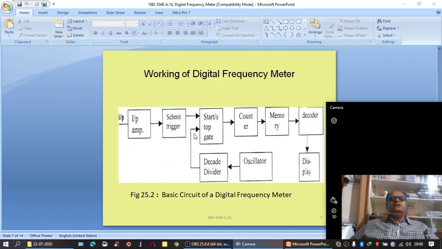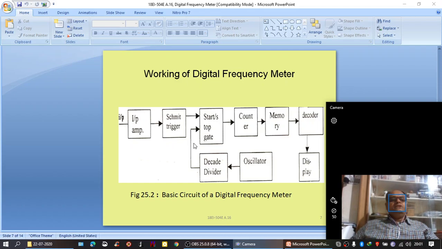Then for 1 second duration, the output of the Schmitt trigger reaches the counter, and the counter starts counting the number of pulses during the period for which the gating pulse is high.